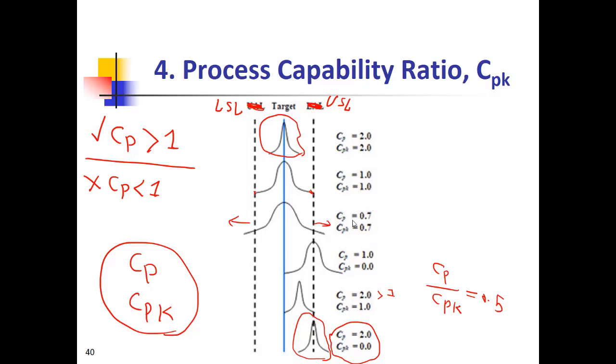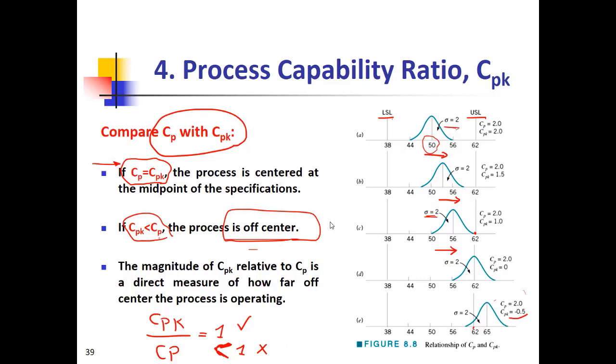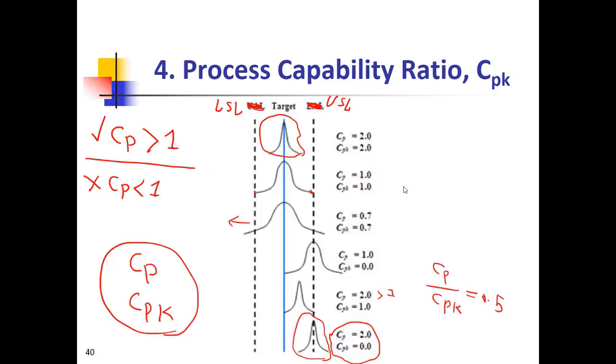I don't have it here, unfortunately, but it's the case where CP is smaller than 1, like this, crossing the limits, and CPK is also smaller than 1. It can be something like that. If instead of 0 we have 0.3, 0.4, it will be something like that.